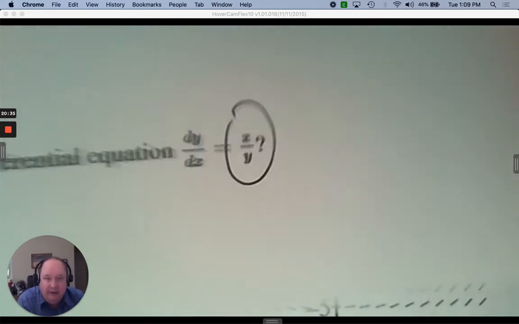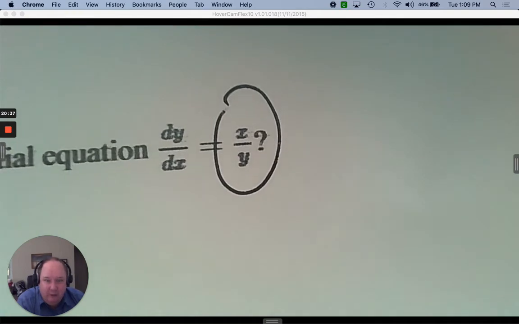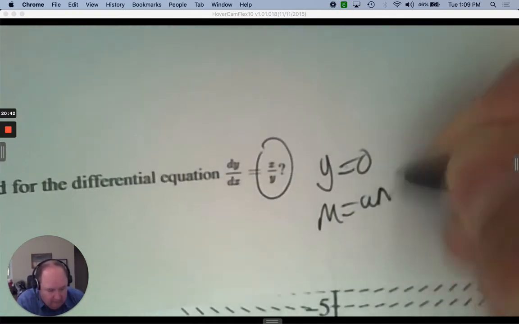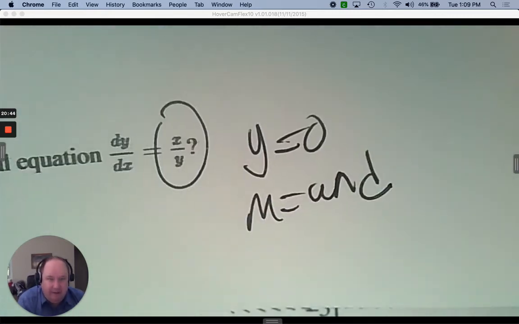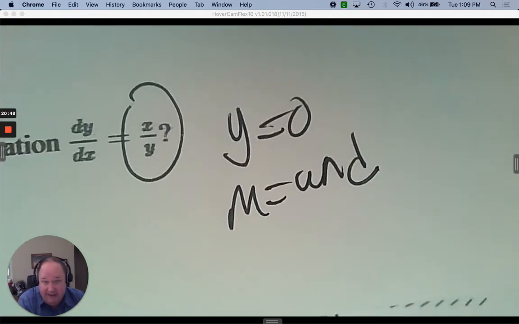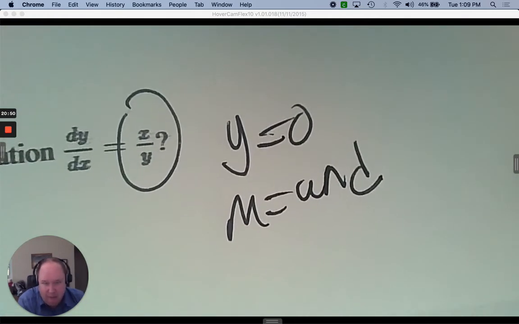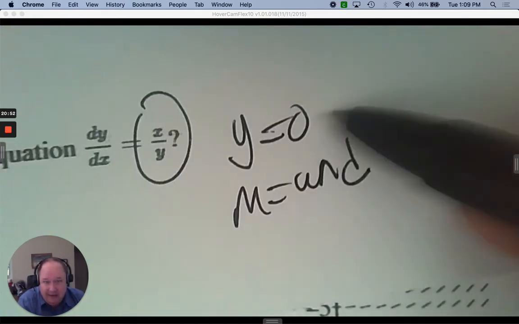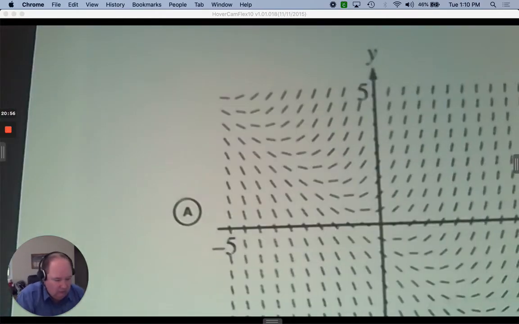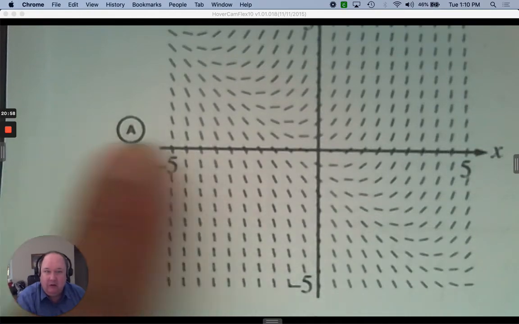So the first thing I notice here is that when y is 0, the slope is what? Undefined. Okay? So when I look at each one, the first thing I look at is that. Can I cross out any bad slope fields? This would mean the x-axis should be undefined. So look at A, look along the x.